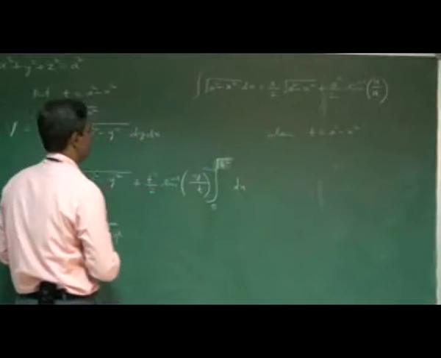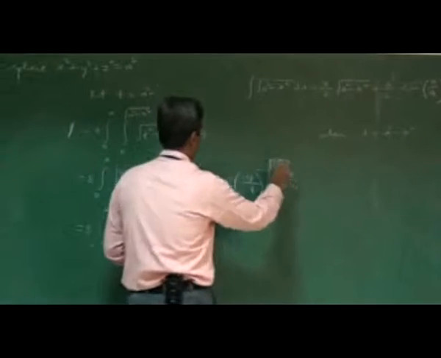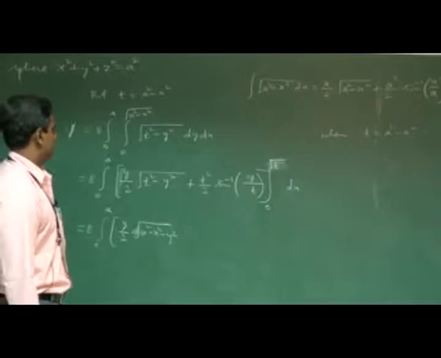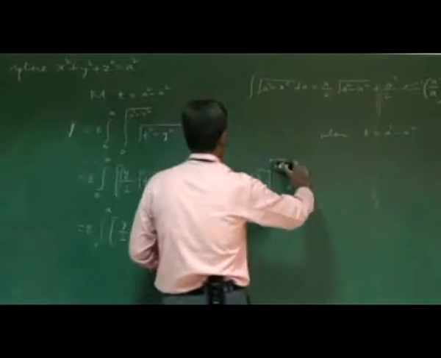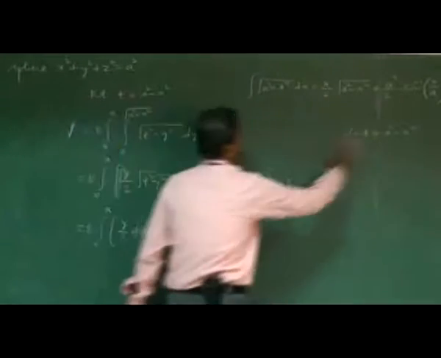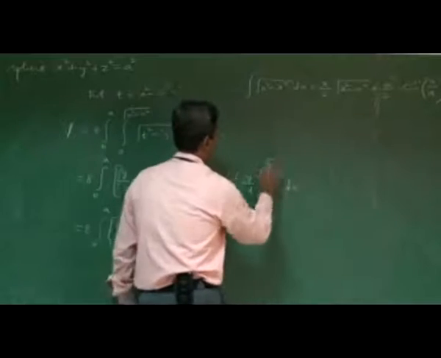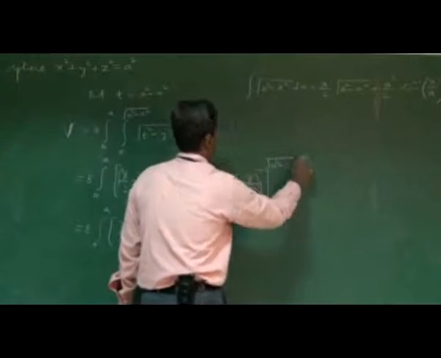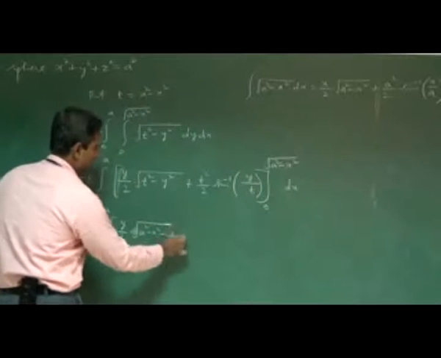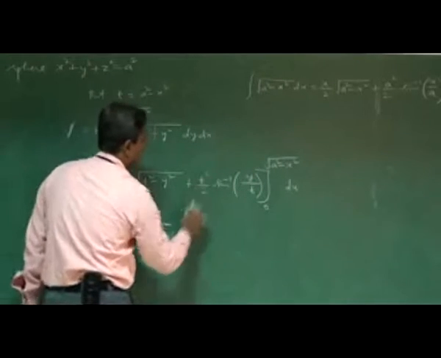Sorry, that is t squared. Okay, you directly substitute it. You do not need to go for a substitution. The square root of a squared minus x squared, you directly keep it, plus t squared.